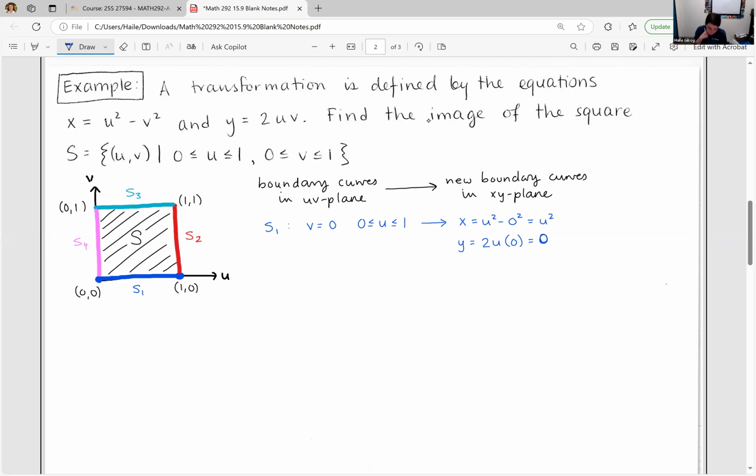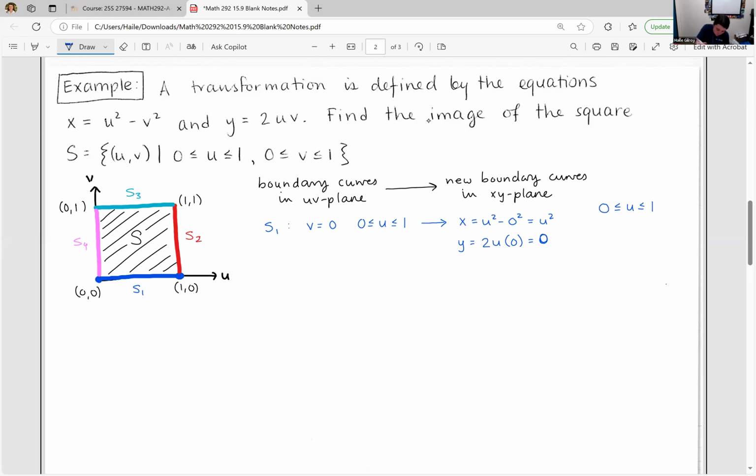Let me think about how I'm going to do this. x is equal to u squared minus v squared. If I'm starting with my initial bounds on u, I have that 0 is less than or equal to u is less than or equal to 1.